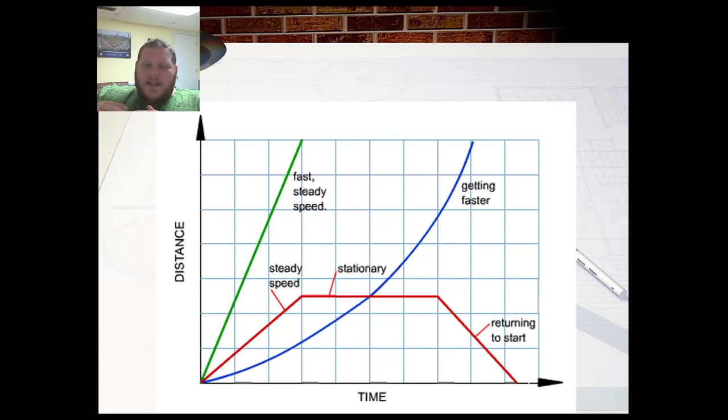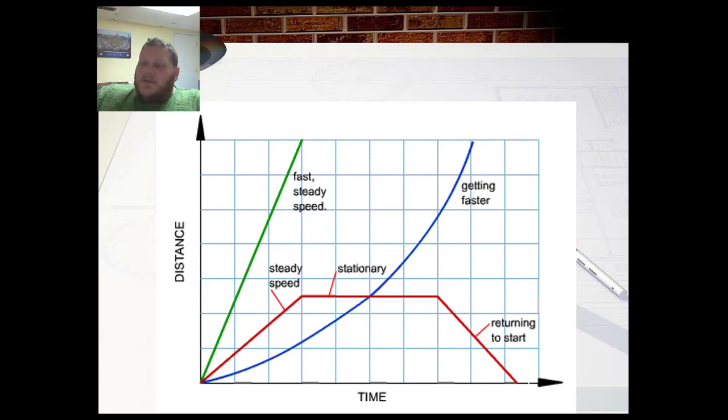We're not gaining any distance, we're not losing any distance, we're still going through time, so I'm still going to continue moving in the x direction, but my y value just stays constant, which means we're standing still, we're stationary. And then towards the end of that red graph, we start with a negative slope, which means we walk back toward the start line, or wherever the starting position is.